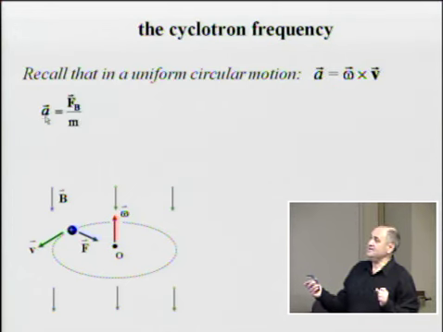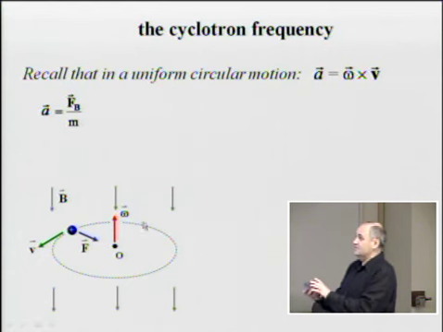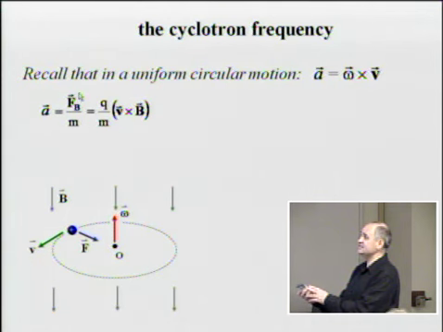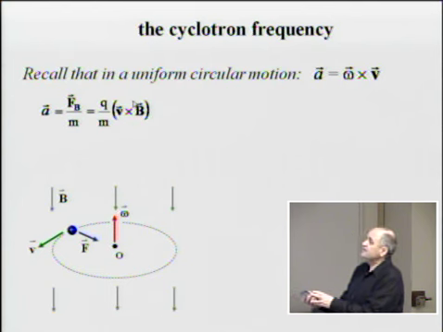So I can write down that acceleration of this particle is equal to net force, which happens to be magnetic force, divided by mass of the particle. And magnetic force depends on how the particle moves, and what is the magnetic field vector and the charge of the particle. So I wrote this expression from the previous slide for the magnetic force. It's charge of the particle multiplied by velocity of the particle multiplied using vector product by magnetic field vector.